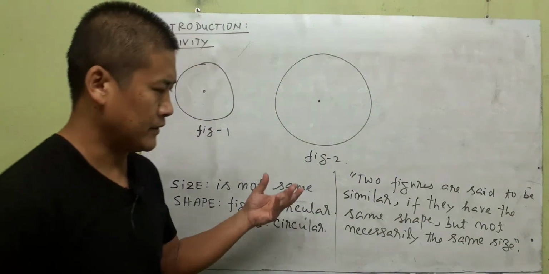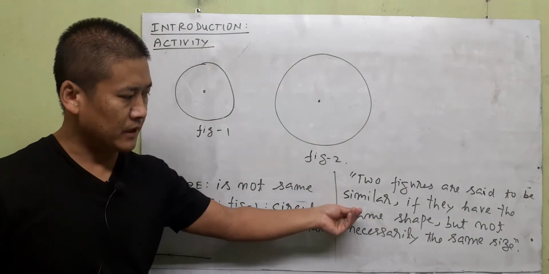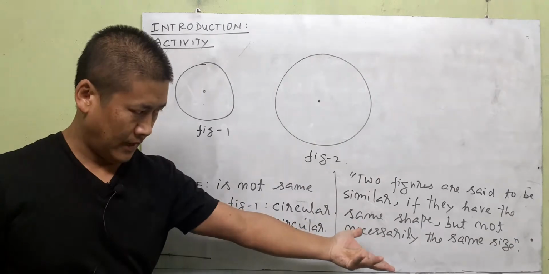So if two figures have the same shape, they will be similar whether or not the size is the same.